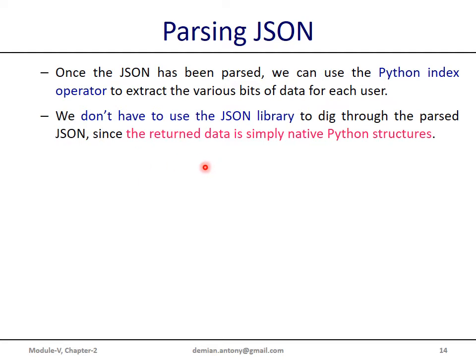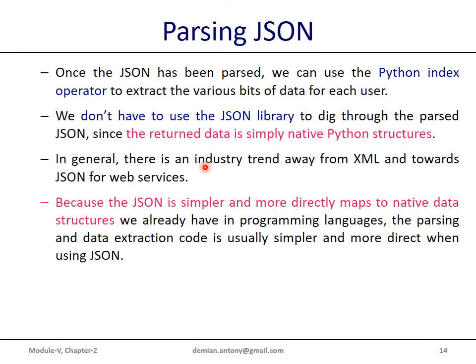Thus, we can use the index operator to extract all the data present in the JSON, and we don't have to dig into the JSON data with different methods. That's why JSON has become the industry trend, keeping XML aside, which is more complex in processing.